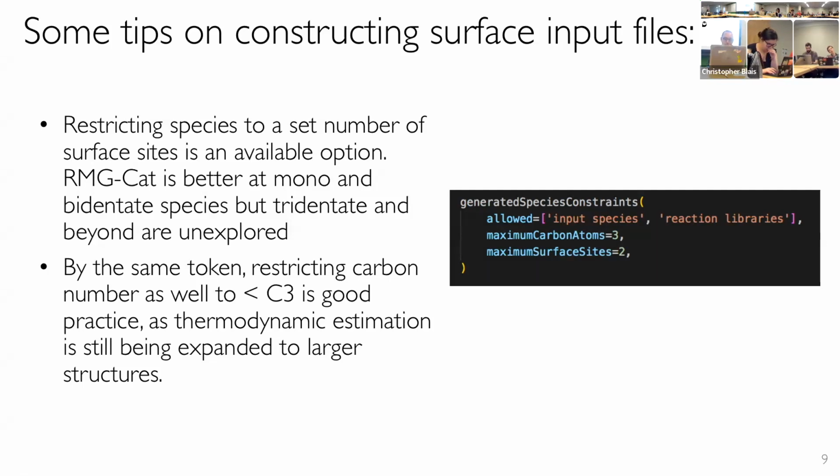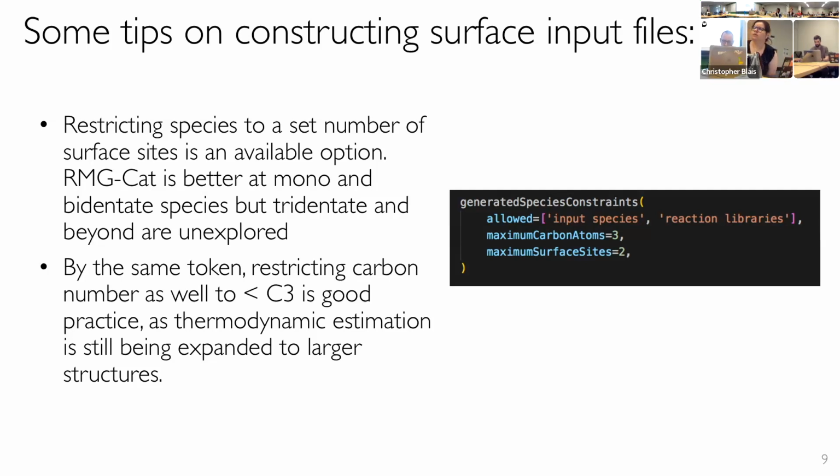The current state of RMG-Cat is that we're better at monodentate and bidentate species. Tridentate and beyond, like if you have a ring structure adsorbed on the surface, gets very complicated. We haven't quite gotten things figured out for that.